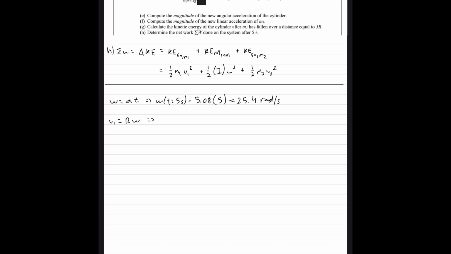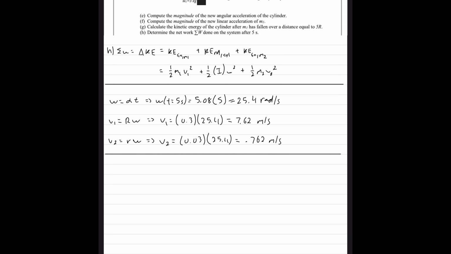So V1 is equal to 0.3 times 25.4, which is 7.62 meter per second. Then V2 is equal to, now we'll look at the one on the rod, which is lowercase r, and then omega. Right, so V2 is equal to 0.03 times 25.4, which is equal to 0.762 meter per second.